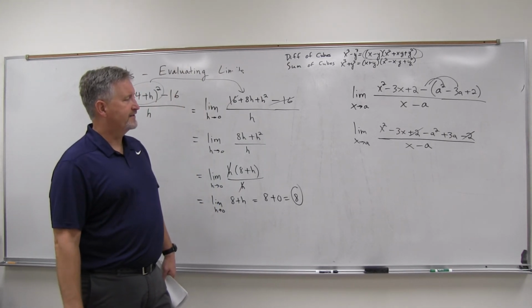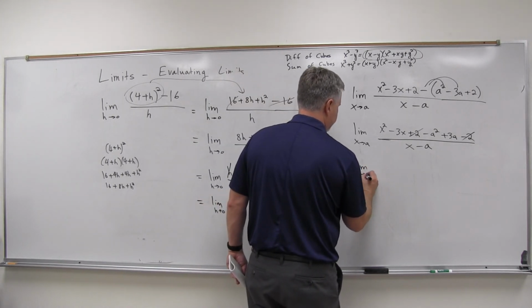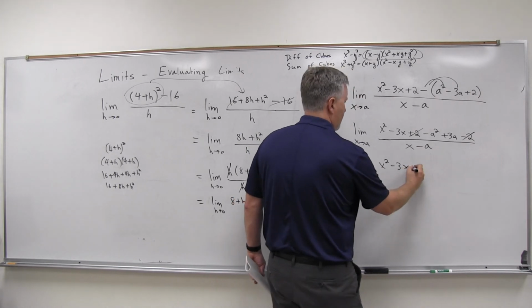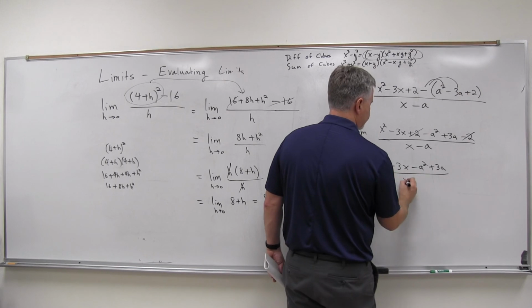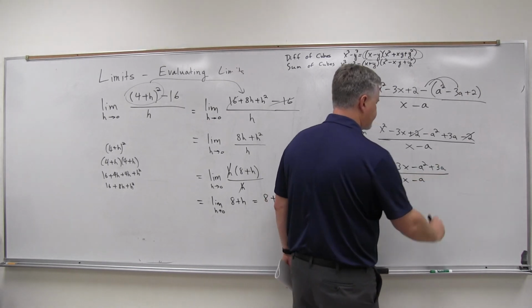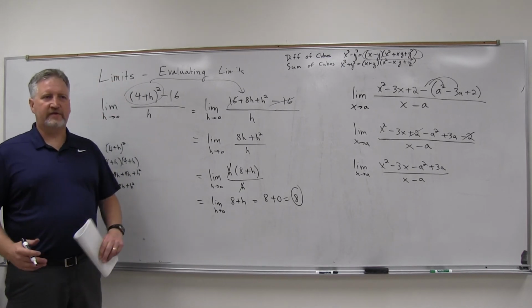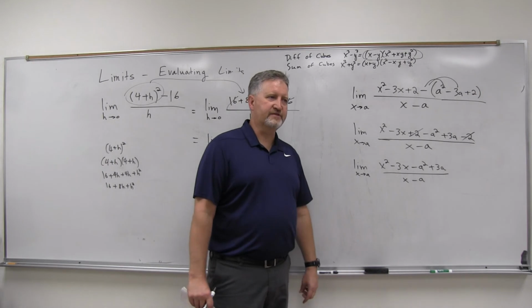All right. That leaves me then, limit as x approaches a, x squared minus 3x minus a squared plus 3a over x minus a. Okay, so after doing the canceling, we're still left with 0 over 0.